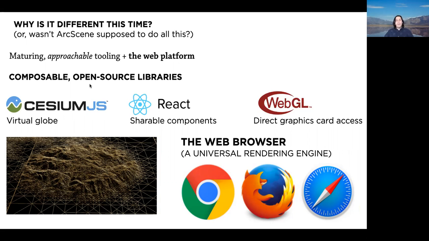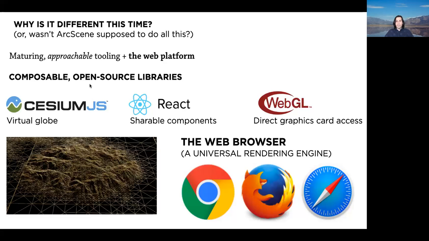And so I think a few things have changed. One of the things that has changed is that this tooling is pretty approachable to start developing with, even for geologists, relative to the past. And also it's based on the web platform, which is a universal rendering platform that is very stable through time, and has a lot invested in it.